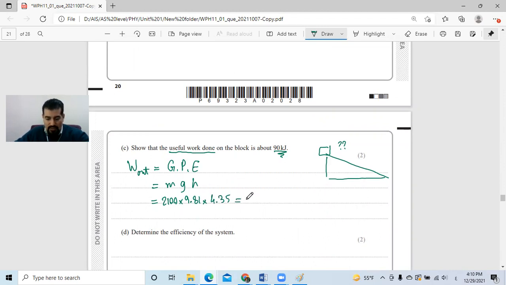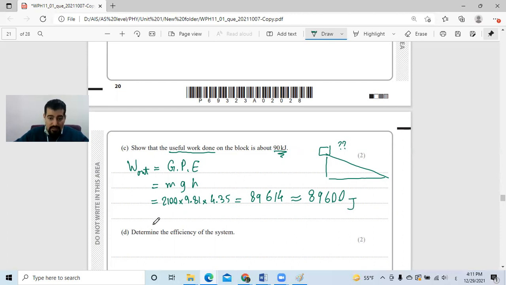This is the actual work done. 2,100 multiplied by 9.81 multiplied by 4.35, and the answer is 89,614, which is approximately 89,600 joule, which is our answer.